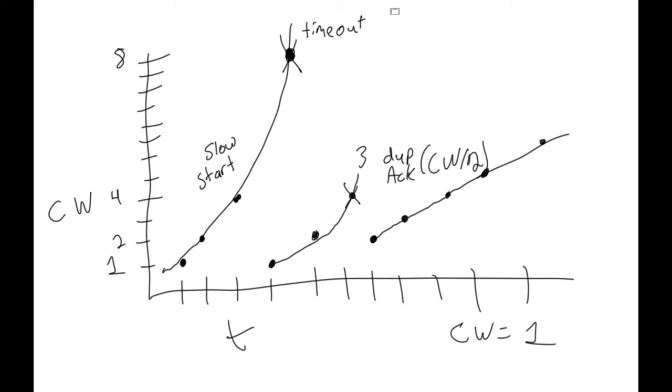So as soon as there's a timeout, you set the congestion window back to 1. So here the congestion window is 1 again. And every time the congestion window is set to 1, that means that you are using slow start and you double it each time.